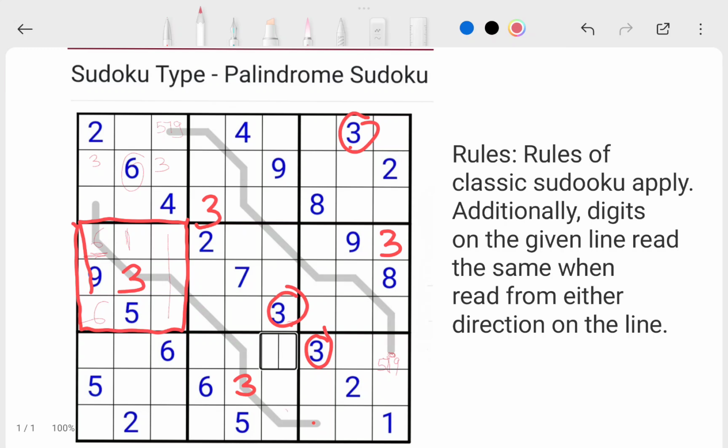But we cannot place 6 here. So now we can eliminate 6 from this cell. And now 6 will come here. And from the same rule, we can place 6 here.